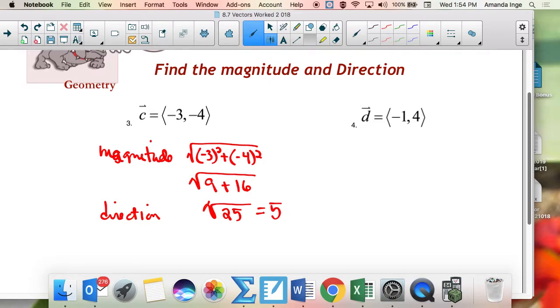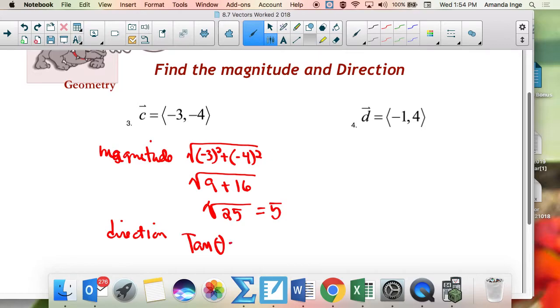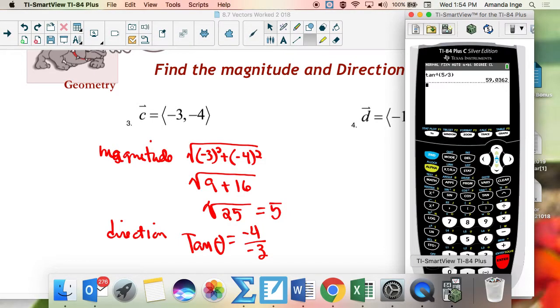As far as the direction is concerned, once again, it's the y value over the x value, so the tangent of theta would be equal to -4 divided by -3. So we have second tangent, -4 divided by -3 is just 4 divided by 3.